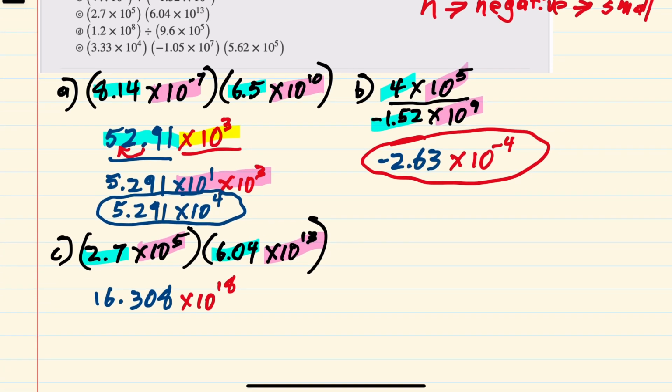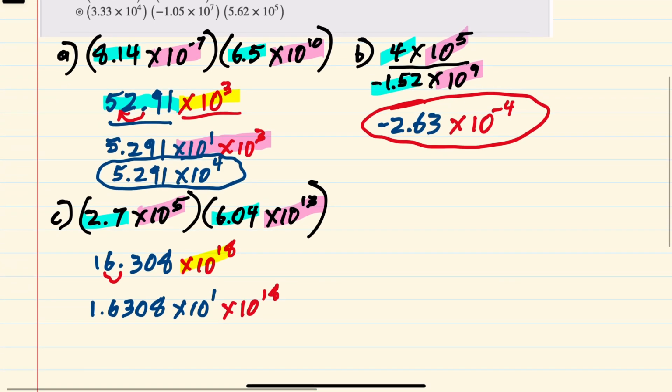The 16 is too large. I need to move the decimal one place to put it behind the first non-zero digit. And again, ignoring that second piece, the first part, making that scientific notation, I would need times 10 to the 1. 1 because it's one space that I moved it, positive because the 16 is too large, and I can bring down that times 10 to the 18.